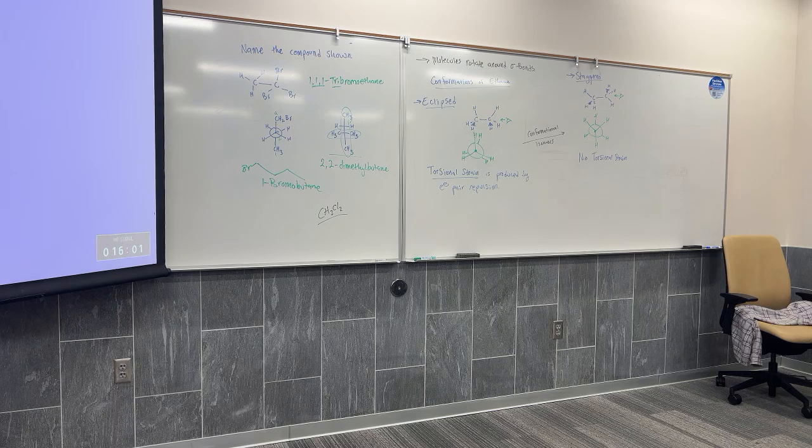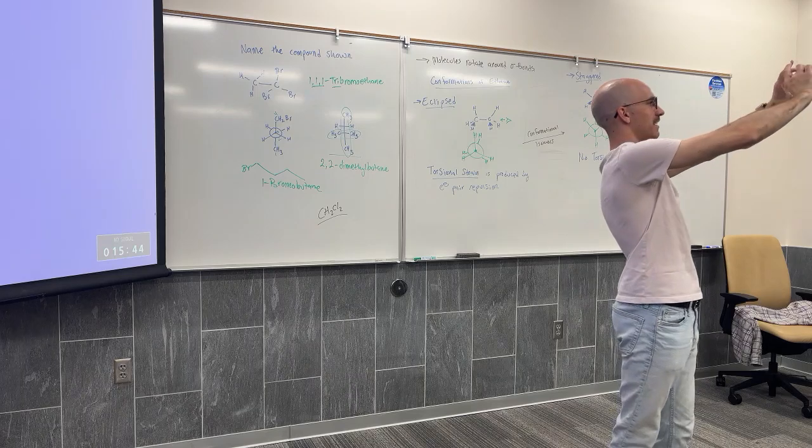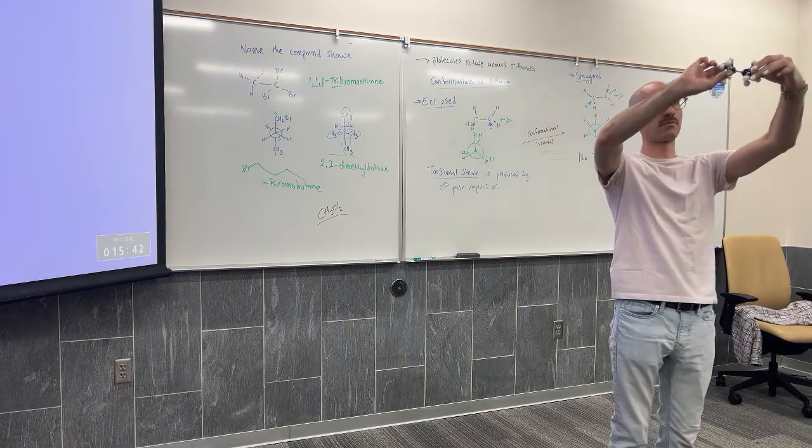Let's move on to something bigger than ethane. First, we'll look at butane, and we'll get some of the common names for it. So why don't you guys pass this around and do the same thing. Rotate around that central sigma bond.